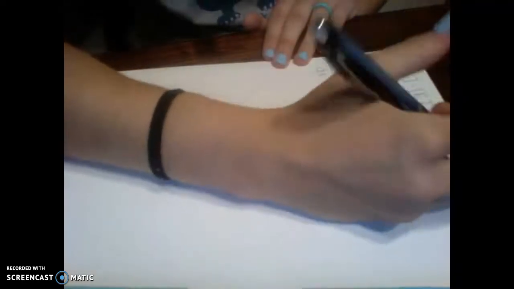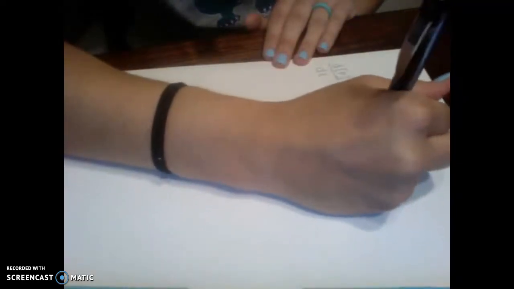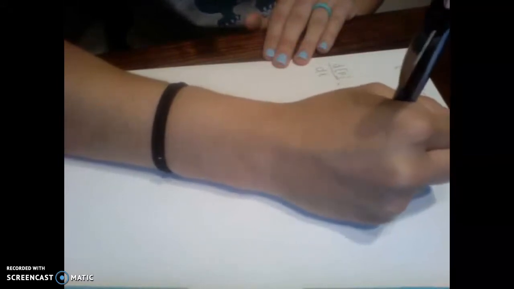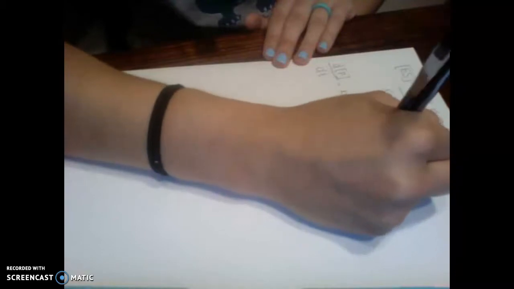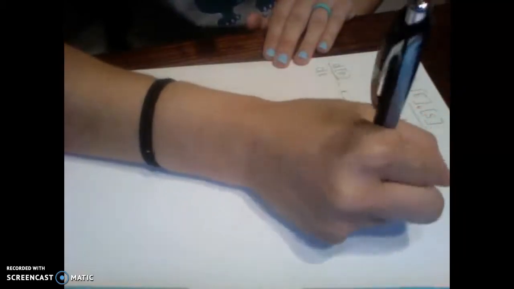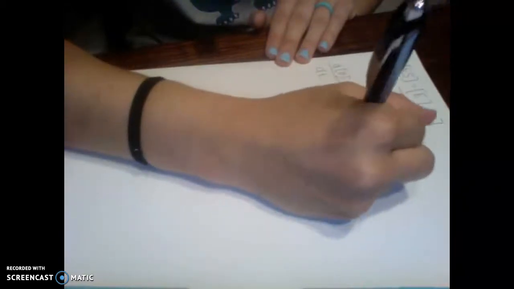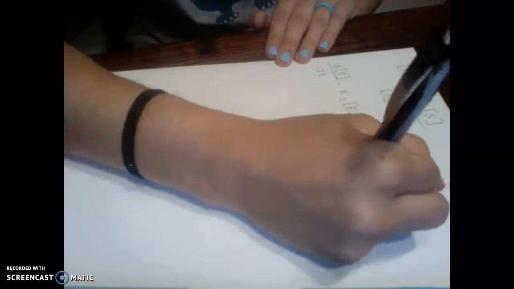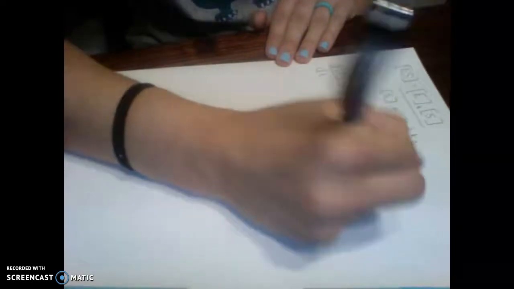Okay, so we've got E of t divided by S plus K2 divided by 2.